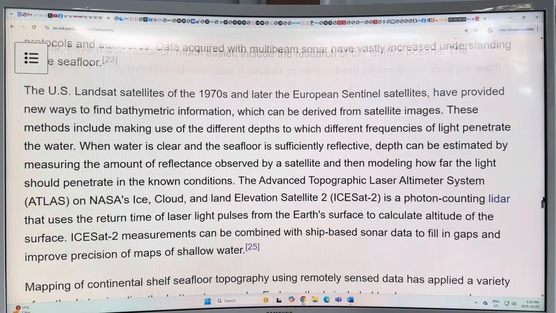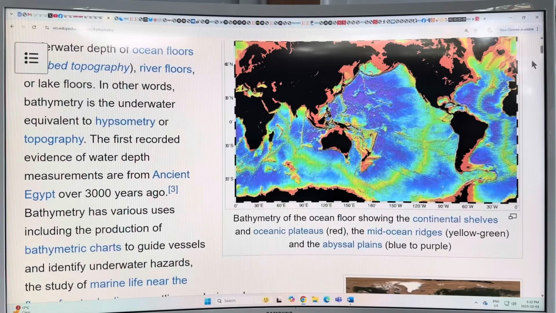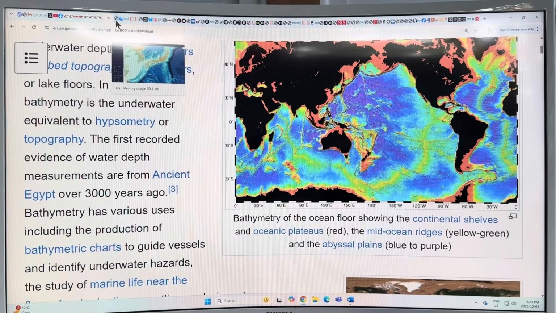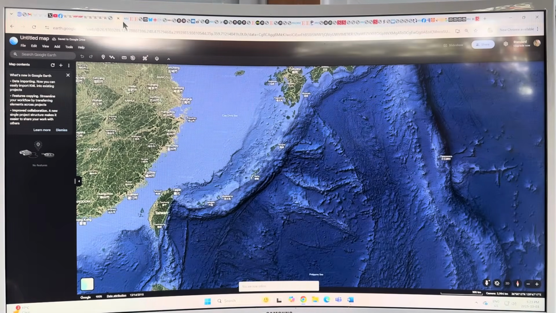The bathymetry of the ocean. There's some good images here, and you can look at the sort of bathymetry of the area around Japan. This is some more data here showing the water depth at different places around Japan. So you got the Kuroshio coming up this way, and this is Google Earth.